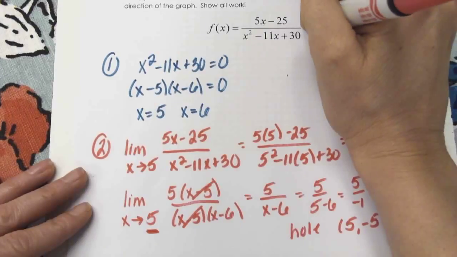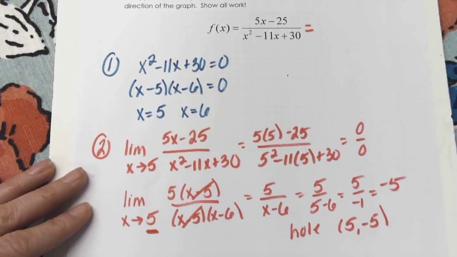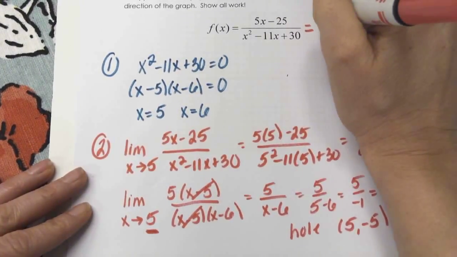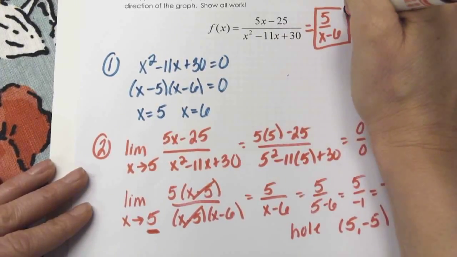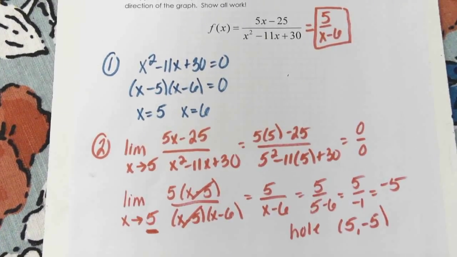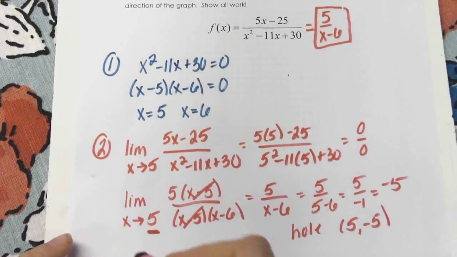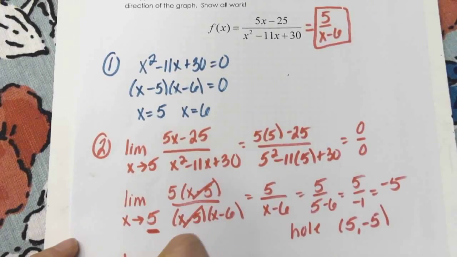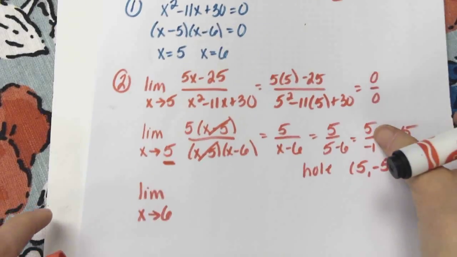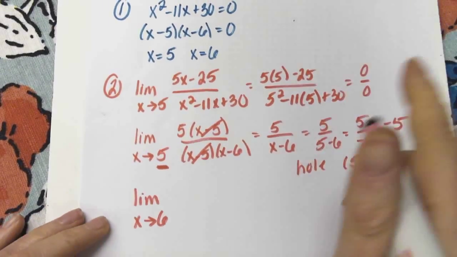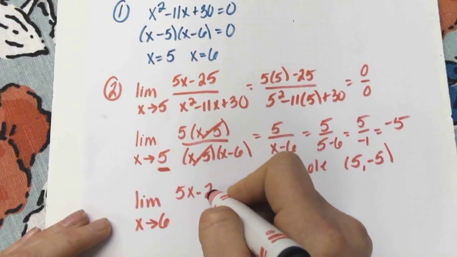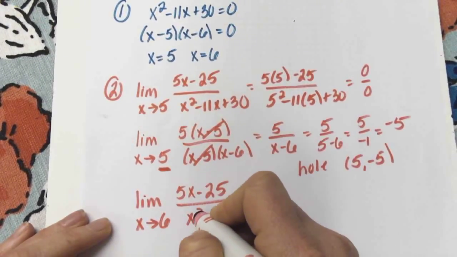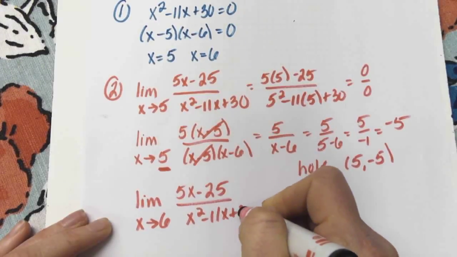And sometimes when I find that I can simplify a function, I like to write the reduced or simplified version at the top so I don't forget, because there are times where I would much rather use that shortened one than the long one. The other thing I'm going to do is find out what's happening at 6, which was my other point of interest. I plug that into the original, which was 5x minus 25 over x squared minus 11x plus 30.